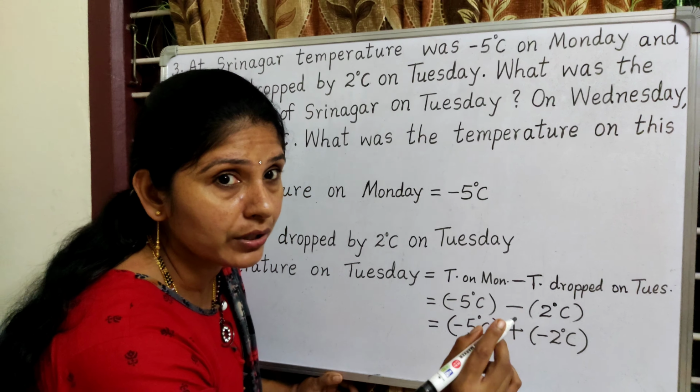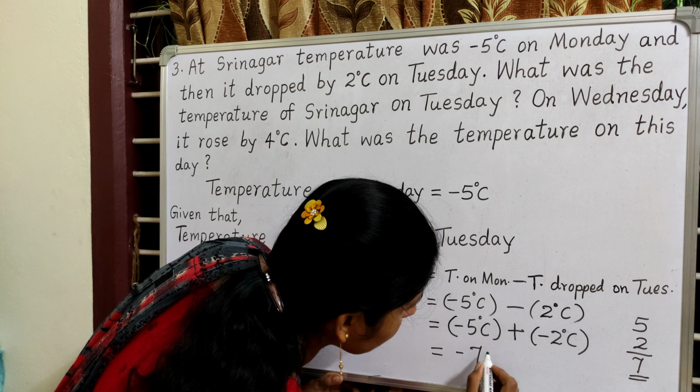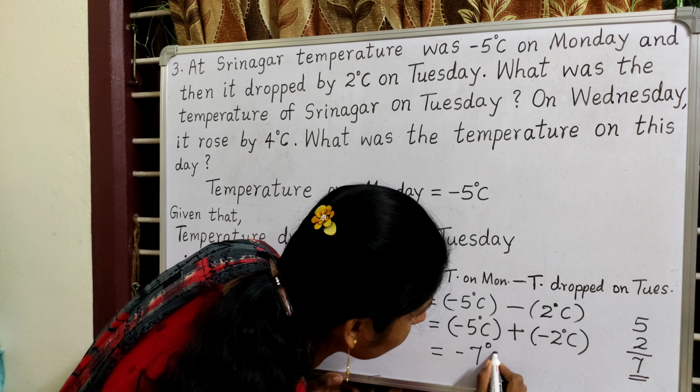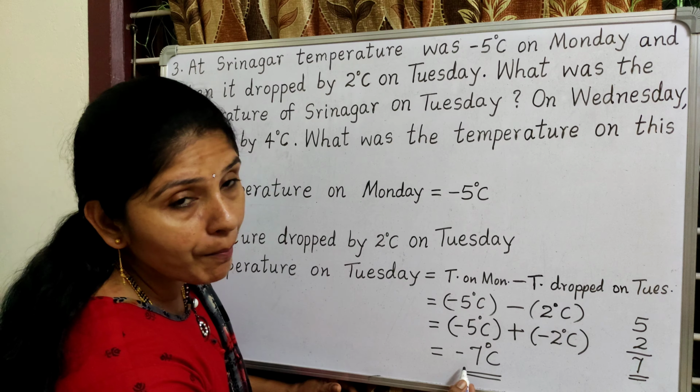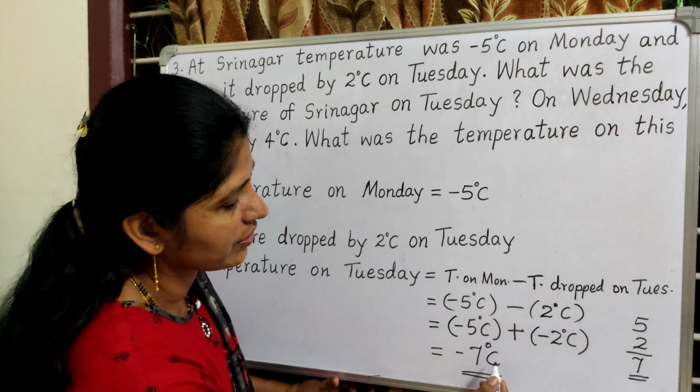The absolute value of minus 2 is 2. 5 plus 2 is equal to 7. Keep the same sign in the answer, that is minus. So the answer is minus 7 degrees Celsius. Therefore, the temperature on Tuesday is equal to minus 7 degrees Celsius.